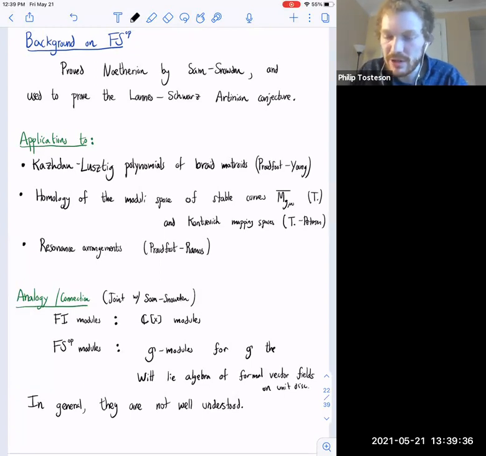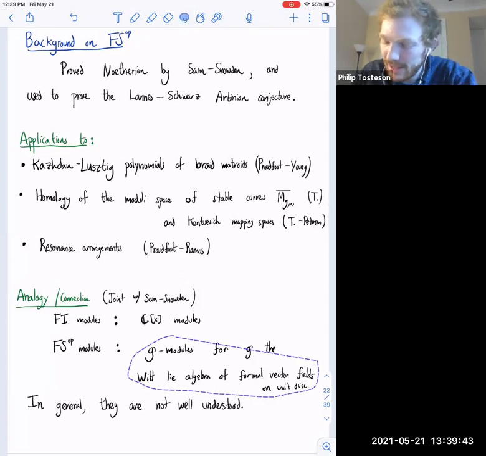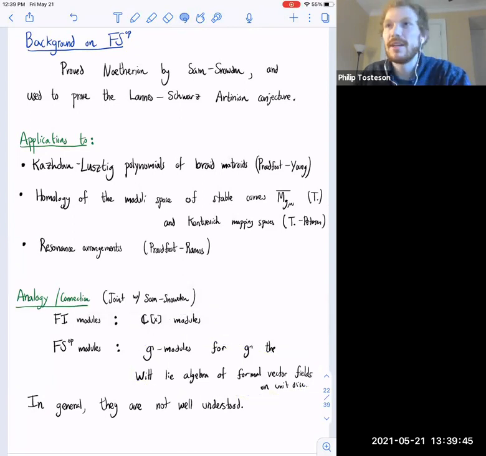But it turns out, in general, FS^op modules are not as well understood, partly because this object is a lot harder than this one.